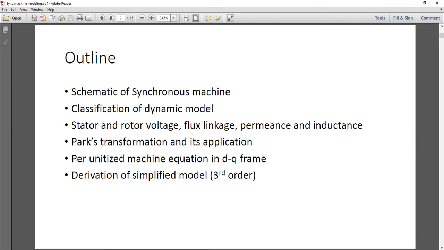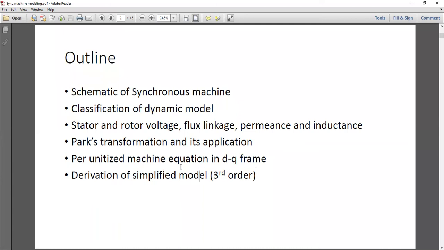The least that we need to represent the electrical dynamics of the synchronous machine is a single ODE. However, you can also go for more than one. If I add that first order ODE that we will reach at the conclusion of this slide to our previously developed second order model, ultimately we will have a third order model.